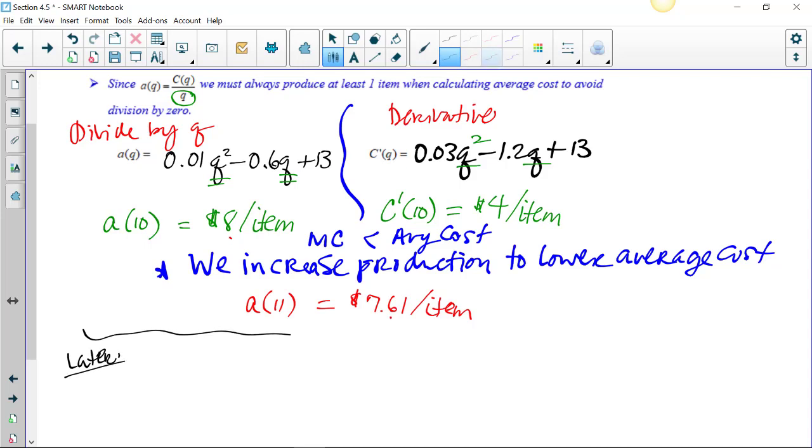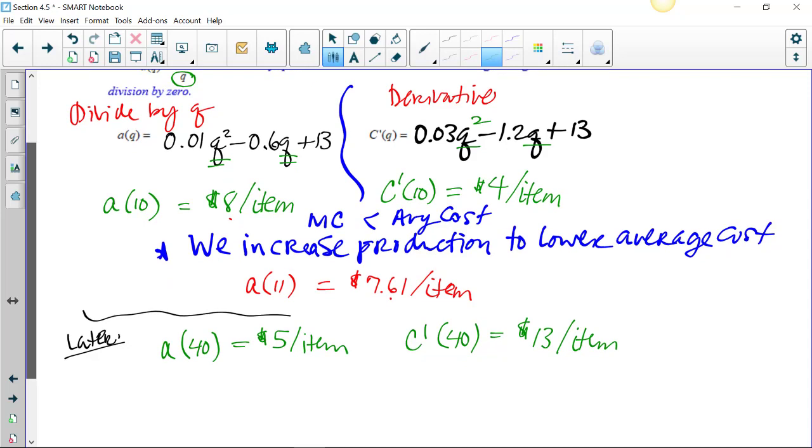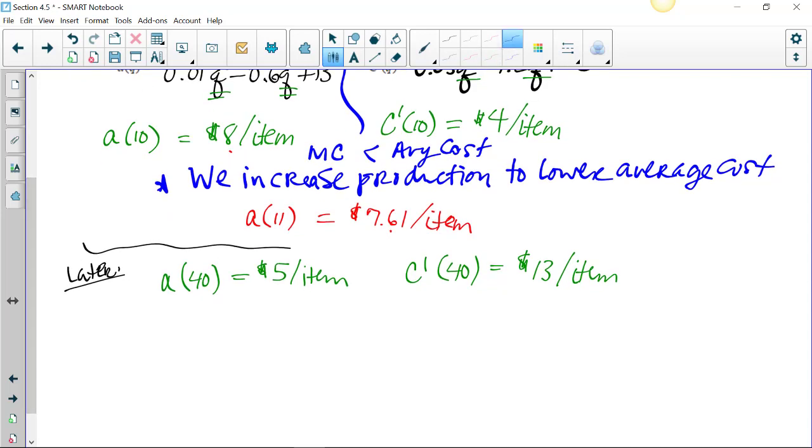Let's say we produce 40 items. The average cost is $5 per item. The marginal cost for 40 items is $13 per item. So in this situation, marginal cost is 13.